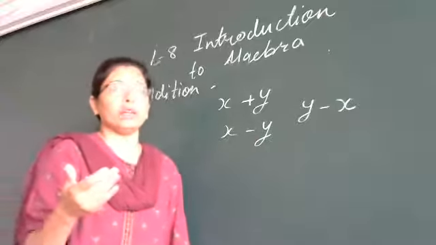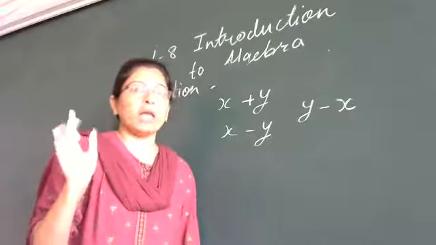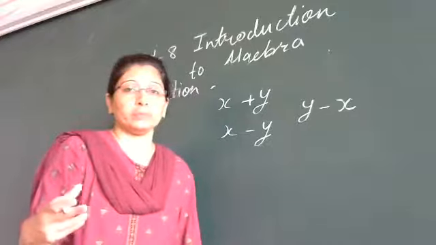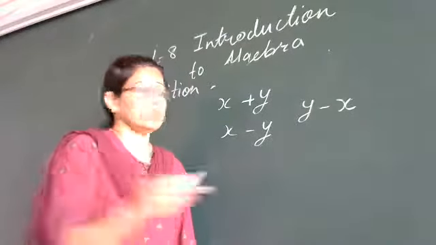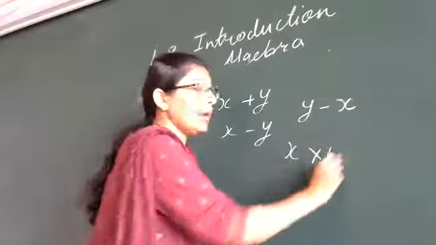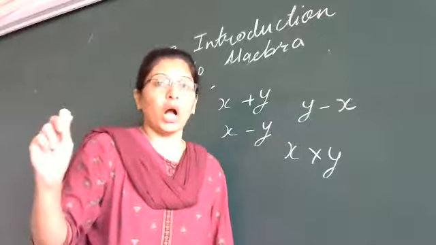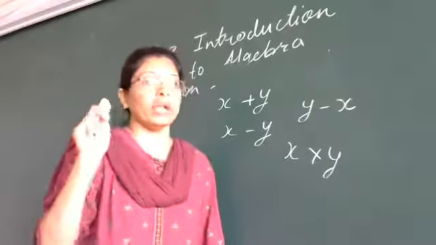Now if x and y are two variables and x is multiplied with y, how will you write? x into y. We can say it as the product of x and y.